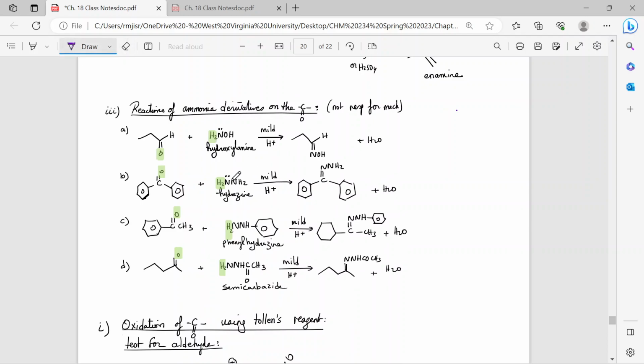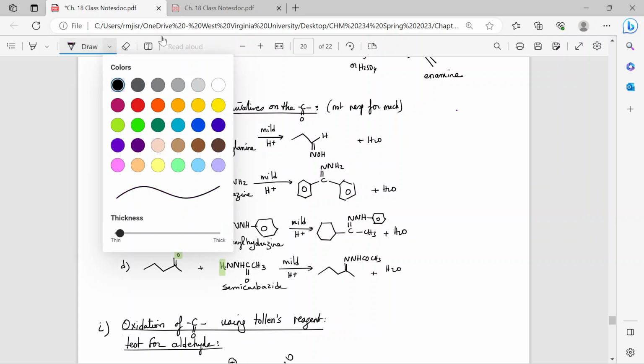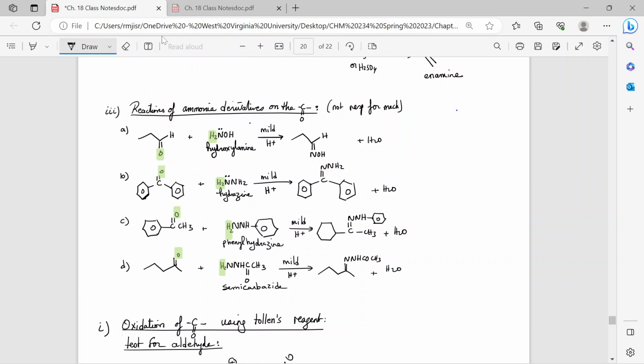There are other derivatives of primary amine that we can also consider. So all of those that you are seeing, these are primary amine derivatives.